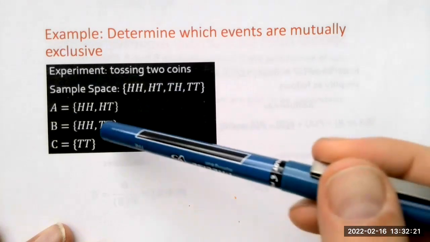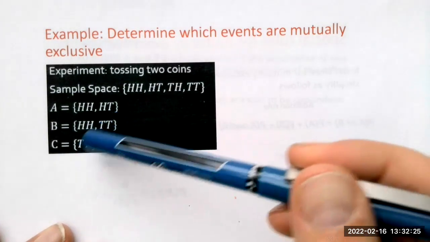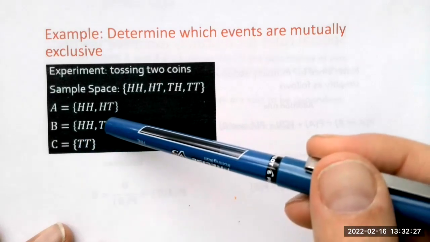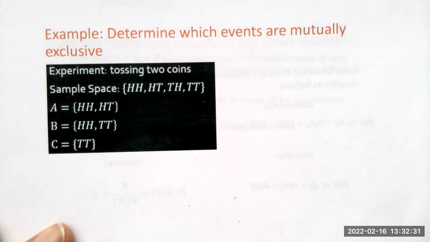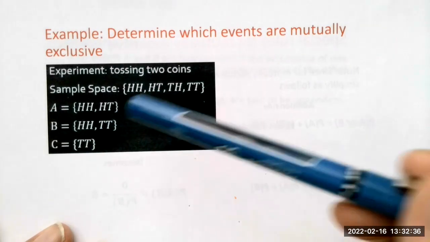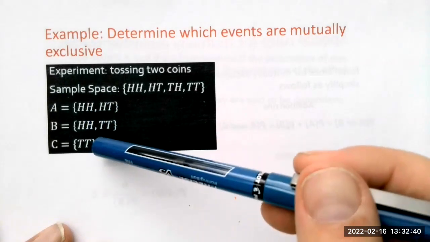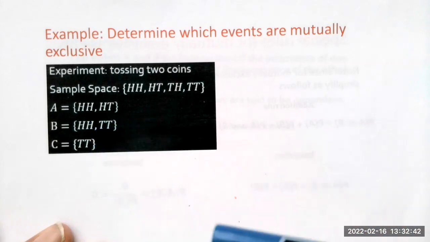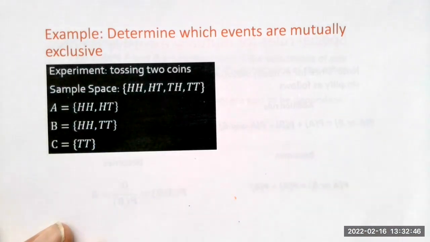For events B and C, again, we have one that's overlapping. Again, they're not mutually exclusive. But if you look at events A and C, they don't have any common elements. So they don't overlap and therefore they are mutually exclusive.